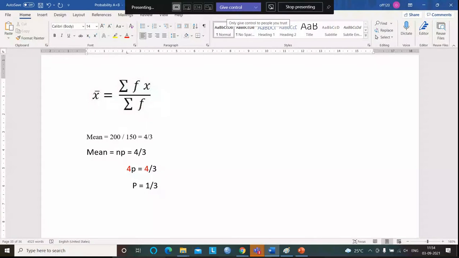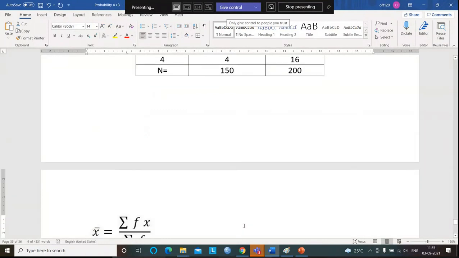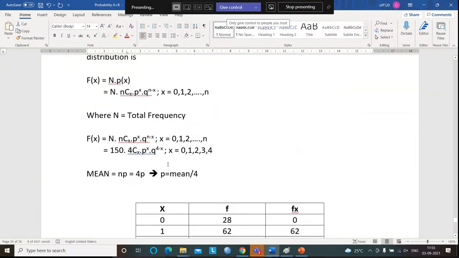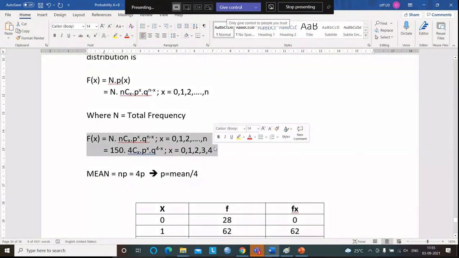Once I got to know the value of p, then immediately q is equal to 1 minus 1 by 3. That means we get the answer as 2 by 3. So what is the answer of p and q now? It is 1 by 3 and 2 by 3. Once I substitute these values over here, what does this expression become?